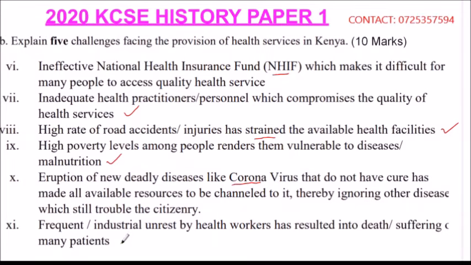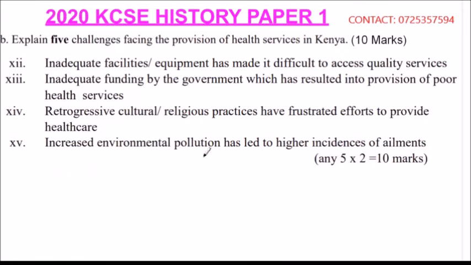Number 11, frequent industrial strikes by health workers have resulted in death and suffering of many patients. So when health workers go on strike, the patients are the ones that suffer, and therefore that is also a challenge, since they occasionally go on industrial strike, agitating for an increase of salary.